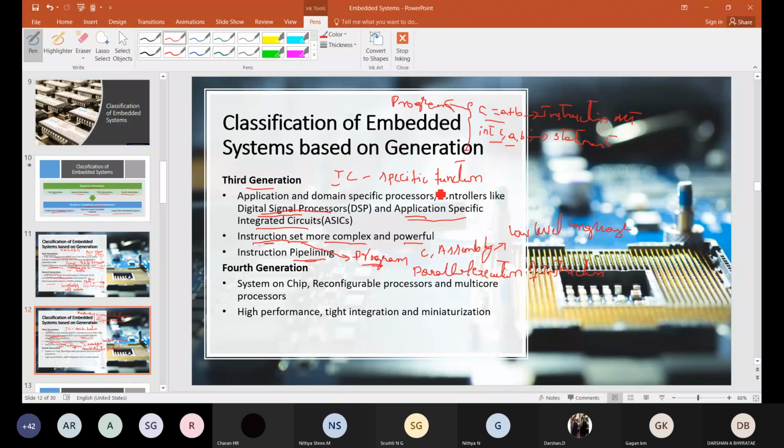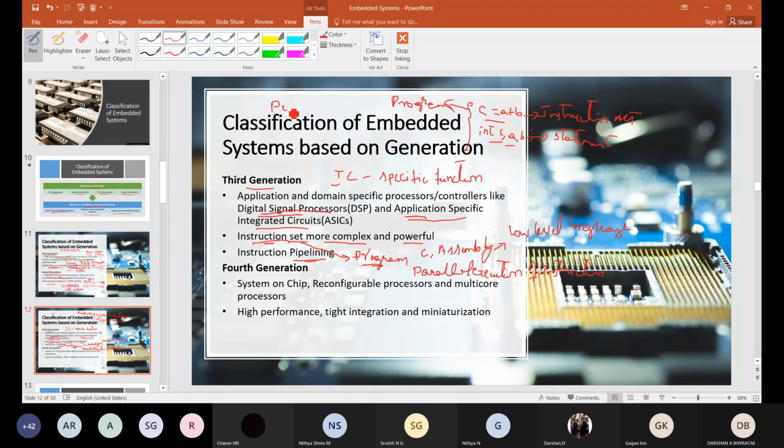In order to do that, they introduced pipelining, which is parallel execution of instruction. Whenever I introduce pipelining, obviously the performance increases.